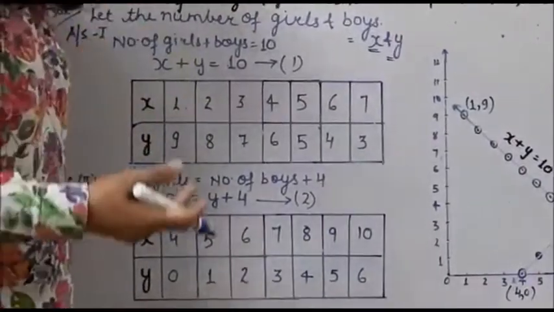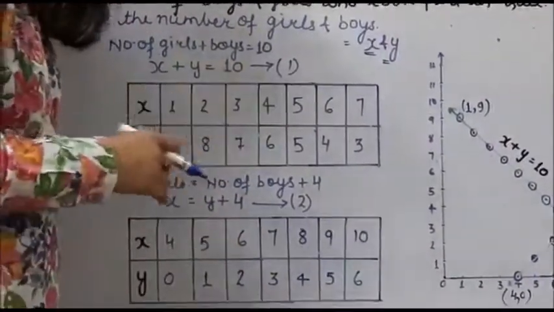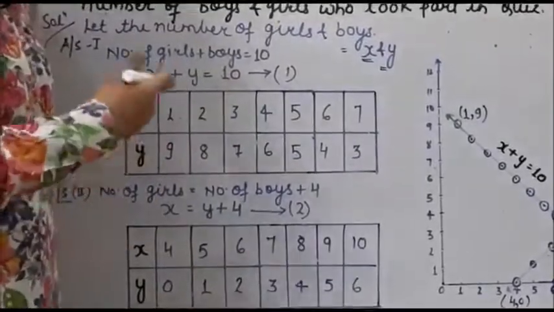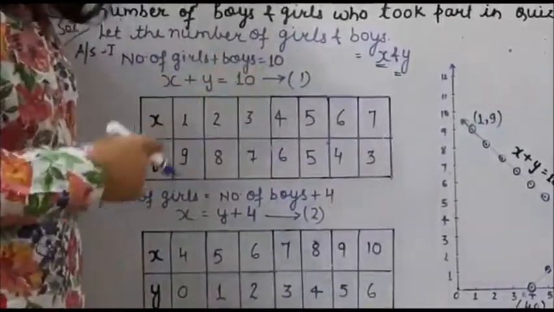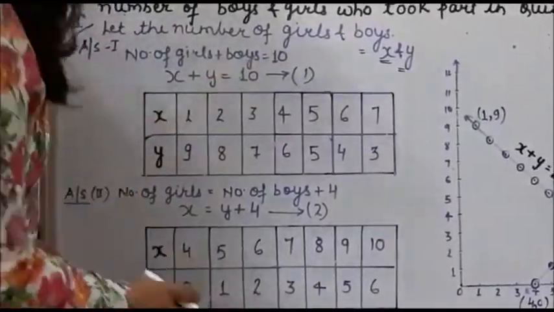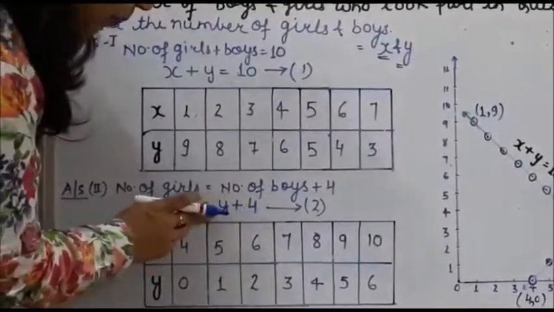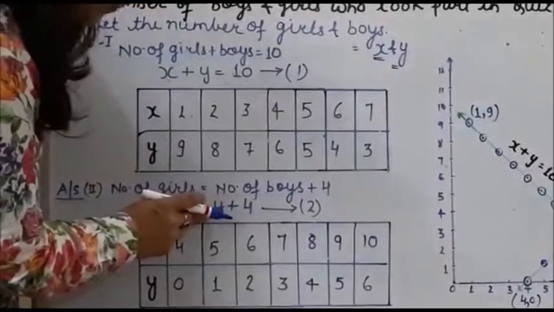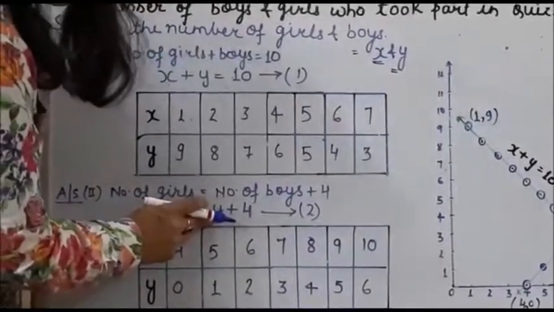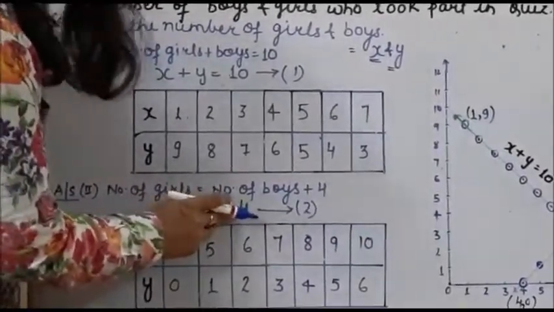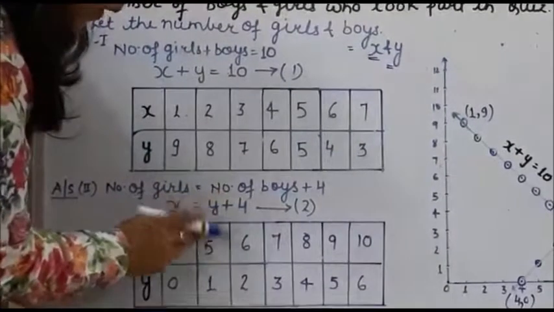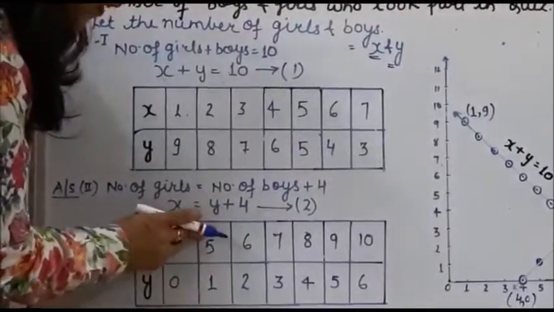Now you can put the values of Y, you can get the values of X, or you can put the values of X, you can get the values of Y. Now my equation is ready, so I put values of Y. If I am going to put Y is equal to 0, what will I get? X is equal to 4. Y is equal to 1, 5.